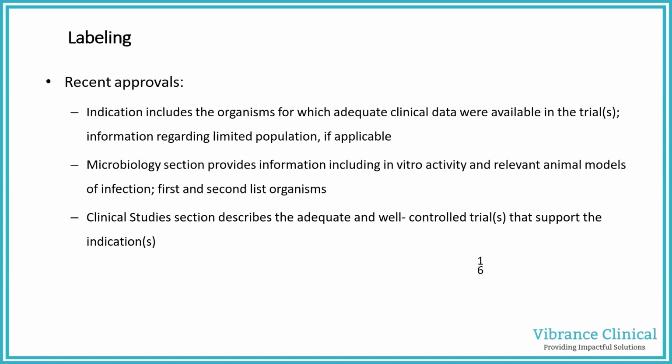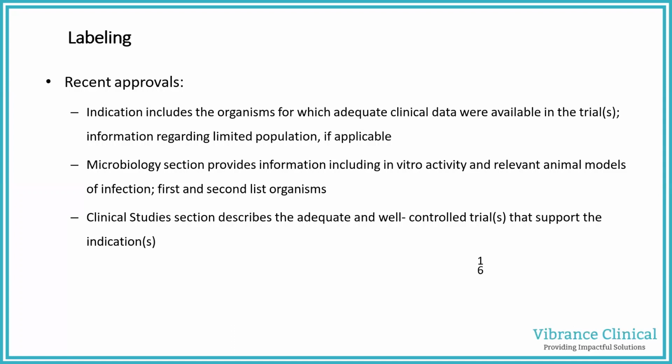Indications include the organisms for which adequate clinical data were available in the trials, for example, and information regarding limited population, if applicable, what I just mentioned, what specific type of subpopulation is applicable. The microbiology section, sometimes labels even talk about the MICs and what has been seen, because those are detailed labels. And based on that, the in vitro activity has been defined in animal model and first and second line list of organisms.